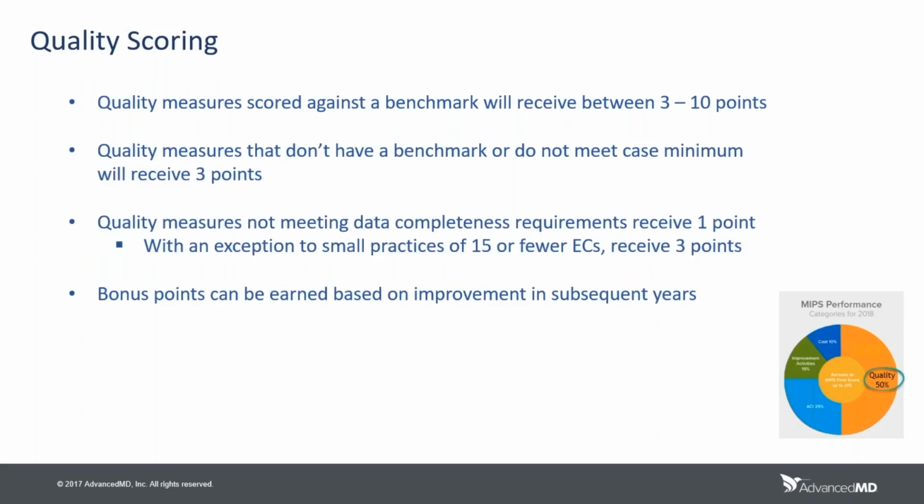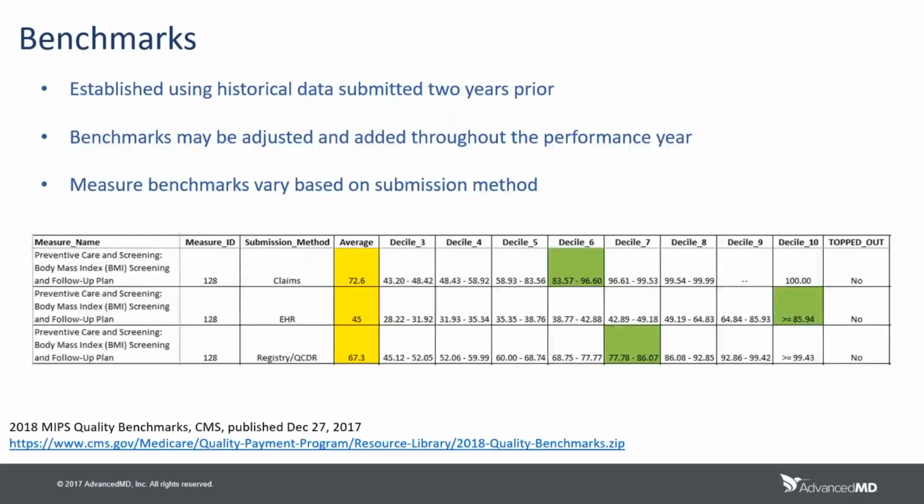Data completeness requirement for 2018 is at least 60% of all payer patients or qualifying visits for the denominator of each measure reported. So if you choose to meet the quality category via claims reporting, then the data completeness is at least 60% of Medicare patients or visits for the denominator. Moving on to benchmarks. So the benchmarks are calculated based on historical submissions to CMS.